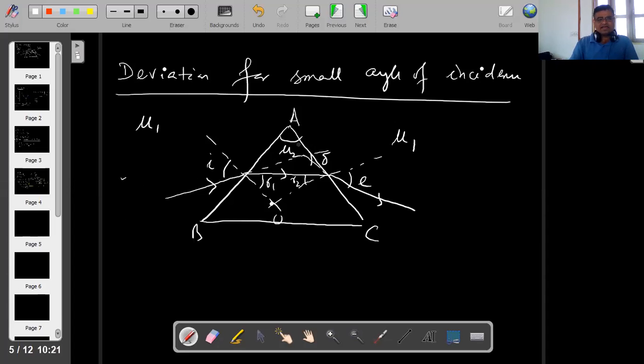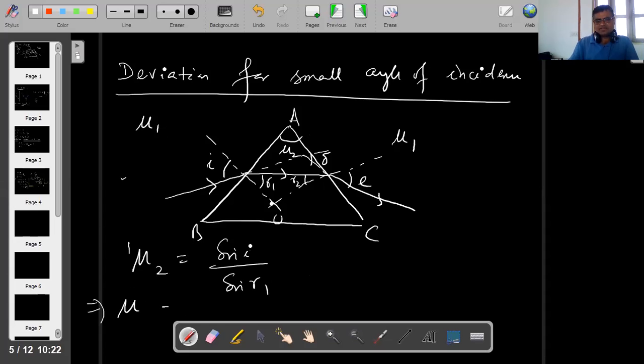Write down: applying Snell's law for the refraction of light through face AB, mu 1 to 2 is equal to sin I by sin R1. Mu 1 to 2, that is 2 with respect to 1, is the same as mu.